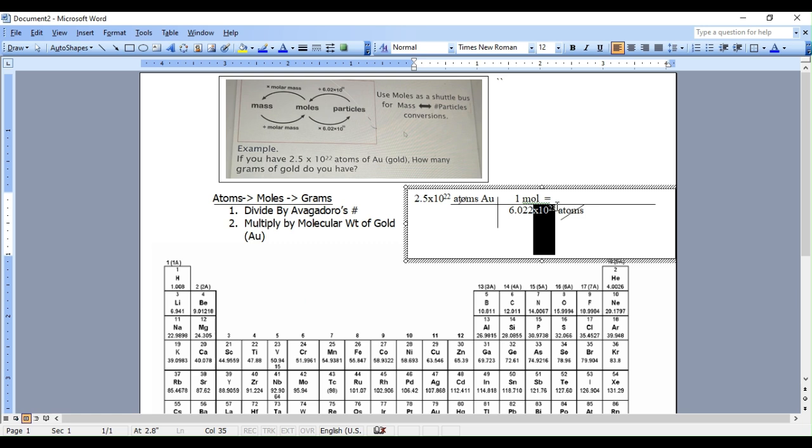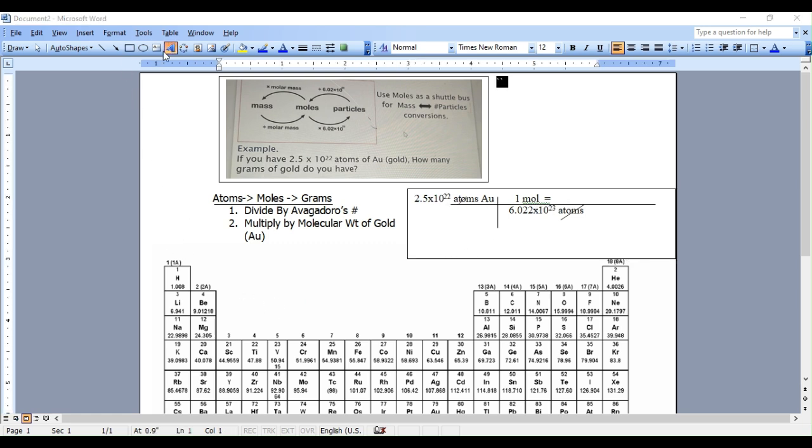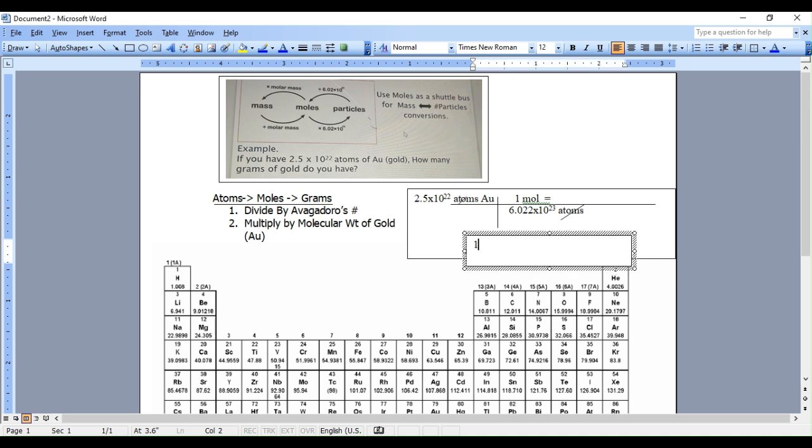So let's first do the exponents. Don't worry about the other numbers. Let's do that in another block here. So when I do 10 to the 22 divided by 10 to the 23, we're going to do that division first.